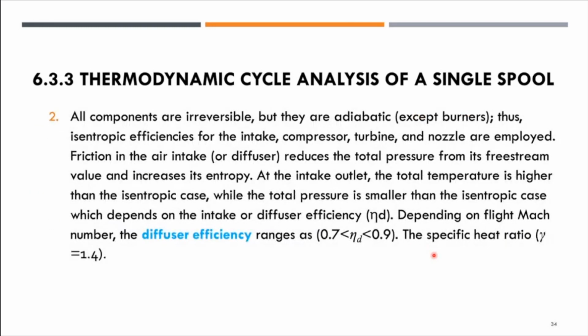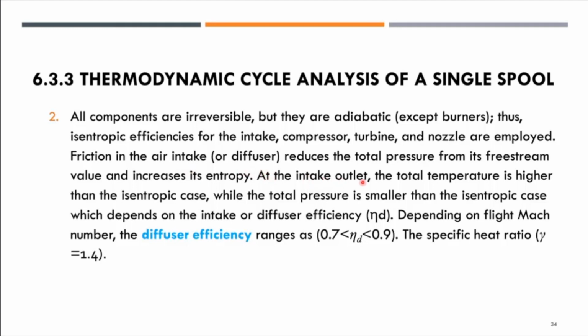Second statement here is that the components are irreversible, but they are adiabatic, right? Except at the burner. Okay. Thus, isentropic efficiencies for the intake, compressor, turbine, and nozzle are employed. And friction in the air intake or diffuser reduces the total pressure from its free stream value and increases its entropy S. Okay.